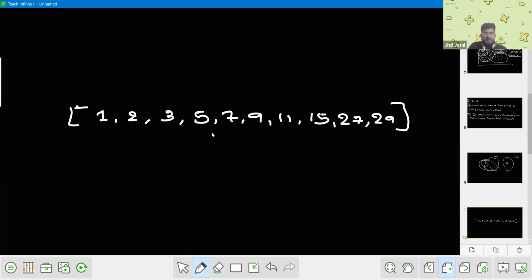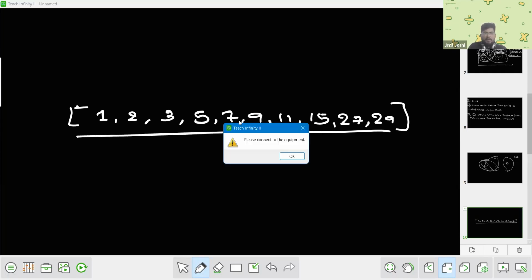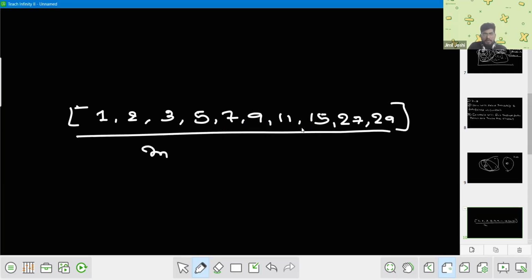Okay, so what will be the mean of this data and what will be the median of this data?